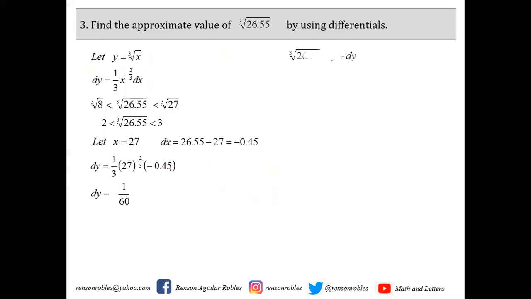And therefore, the cube root of 26.55 is equal to y plus dy, or cube root of x plus dy. And then therefore, that's cube root of 27 minus 1 over 60. And cube root of 27 is equal to 3, minus 1 over 60. So that's 60 times 3, that is 180 minus 1 all over 60, and that is equal to 179 over 60.